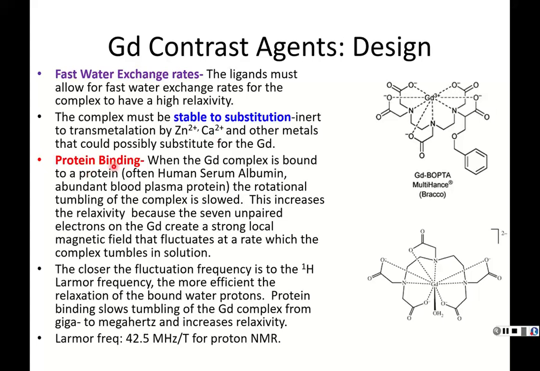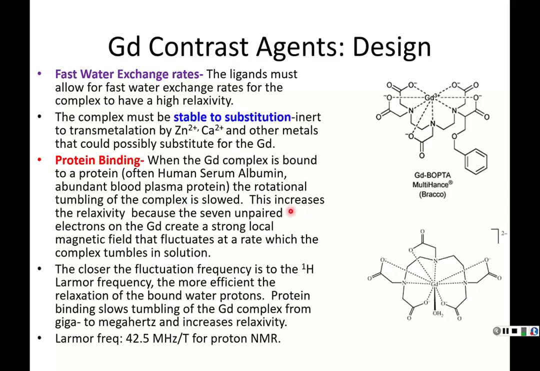Protein binding: when the gadolinium complex is bound to a protein, and there are tons of proteins in the blood, like serum albumin, the rotational tumbling of the complex is going to be slowed, because it's on a bigger molecule and rolling around slower.